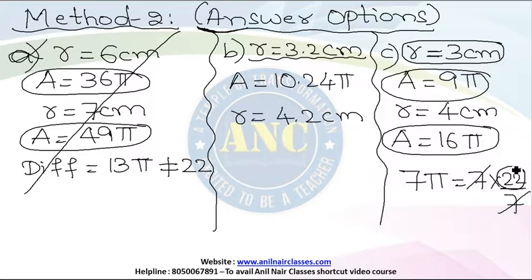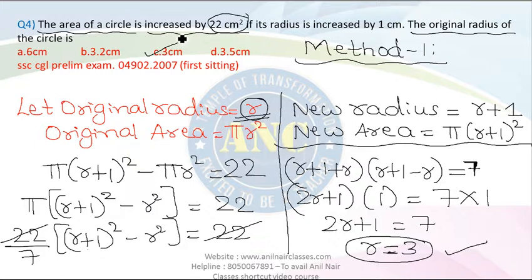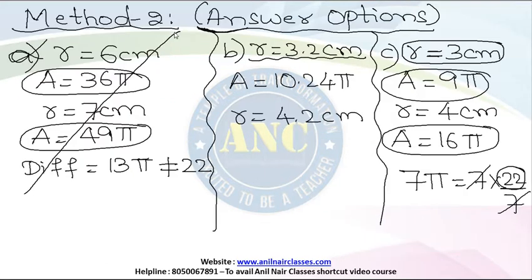The difference I am getting is 22. And the question also says the difference is 22. That means my question statement is becoming true, because my assumption R is equal to 3 is making it become true. So my assumption of R is equal to 3 is my correct assumption. Answer for this question is R is equal to 3 centimeter.